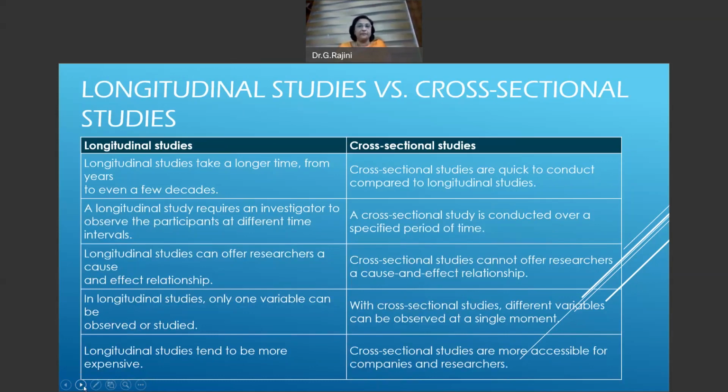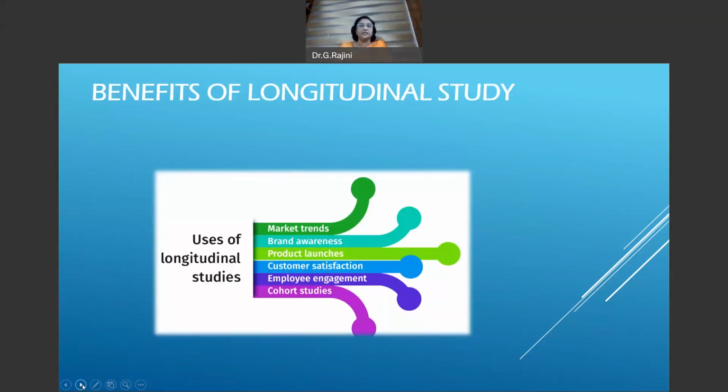over a specified time. So longitudinal studies can offer researchers a cause and effect relationship, but in cross-sectional, it is not possible. In longitudinal study, only one variable can be observed or studied, whereas in cross-sectional, you can use different variables. Longitudinal studies tend to be more expensive, whereas cross-sectional studies, since the time span is little, are much lower in price.